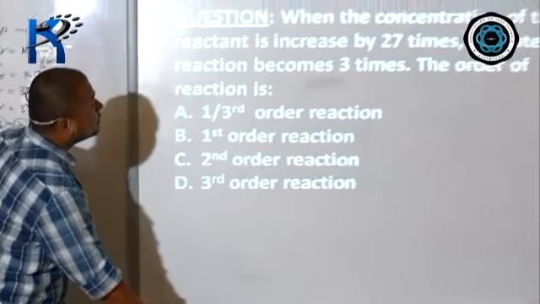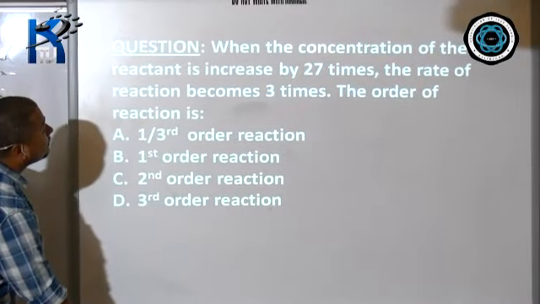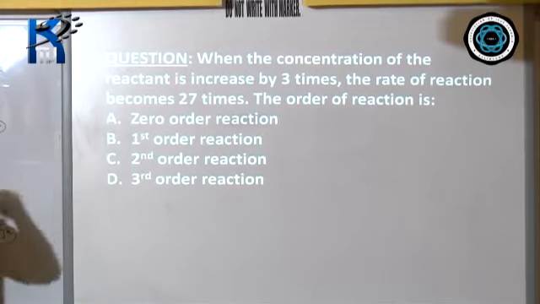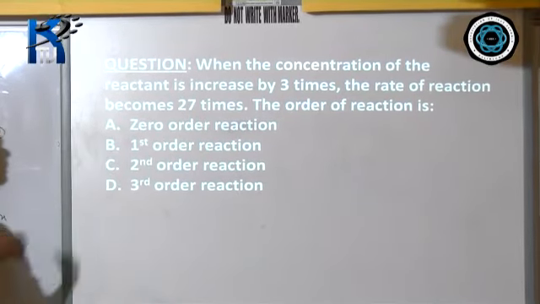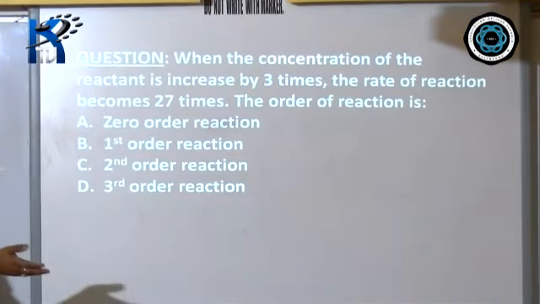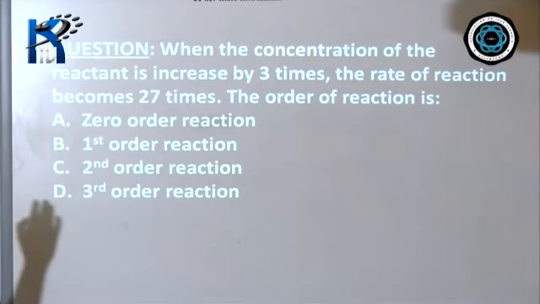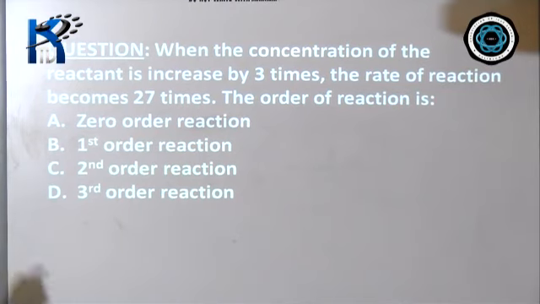The previous question and this question look the same because the question says 3 times and 27 times, so students may think both answers are third order reactions. Now students, how to eradicate your confusion? Pay attention.